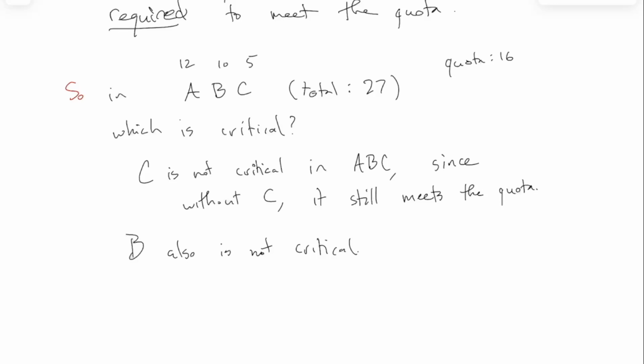All right, what about A? I think you really do need A in this combination because it adds up to 27. If I take A away, it only adds up to 15, which does not make the quota. So A is critical, since without A it'll only be 15, which does not make the quota.